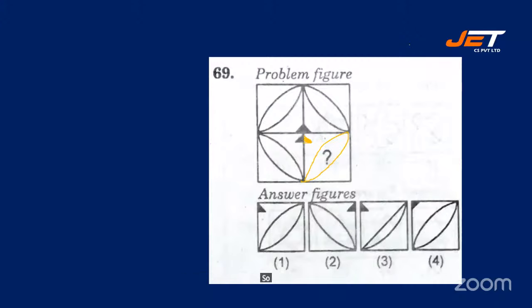So which one suits? Mostly it should be 3 or 4. But see how close both are. There is only one distinction between 3 and 4, that is this. Am I right? Only this is the distinction.